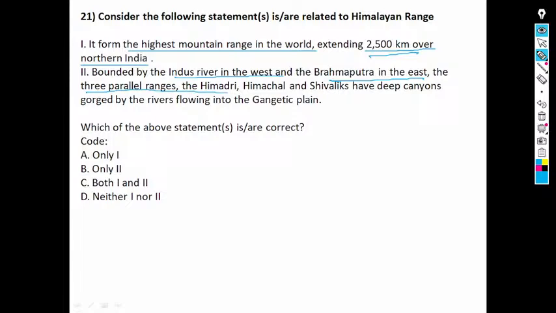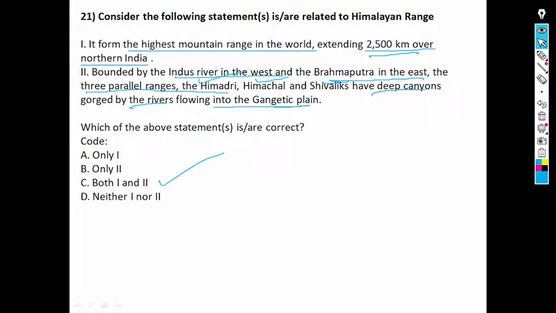The three parallel ranges, that is Himadri, Himachal and Shivaliks, have deep canyons gushed by the rivers and falling into the Gangetic plain. First is correct, second also correct. So C is the correct answer.